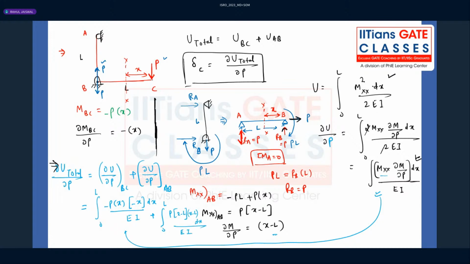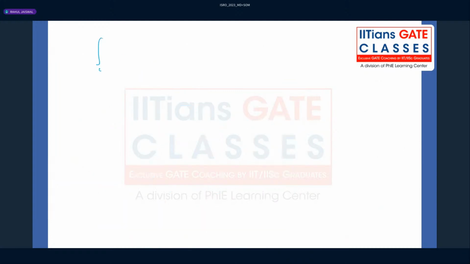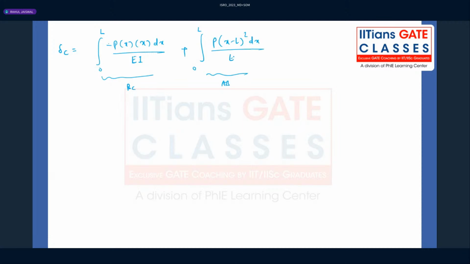Now we only have to integrate, right? So further we can write 0 to L, deflection at point C will be minus P into X dx divided by EI. This is nothing but for the BC member. This I am writing for the AB member: 0 to L, P into (X minus L) whole square dx divided by EI. So what can we write further?